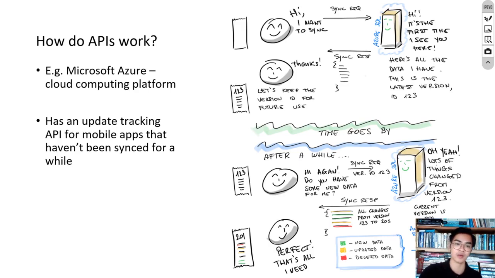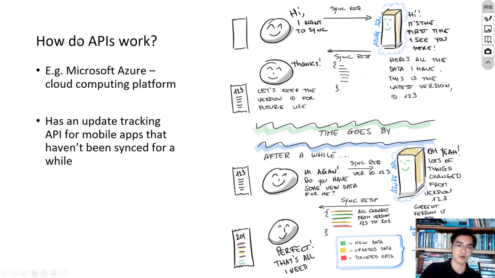So another example here, Microsoft Azure is a famous cloud computing platform today. You can use it to create apps, test apps, run cloud-based apps, and all of that. They have an update tracking API. So as you can see, an API can be tied to the specific functions that they can do.